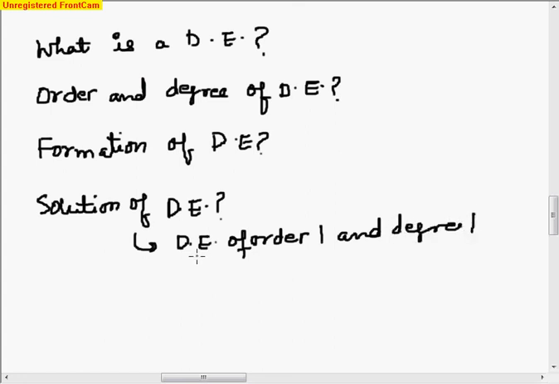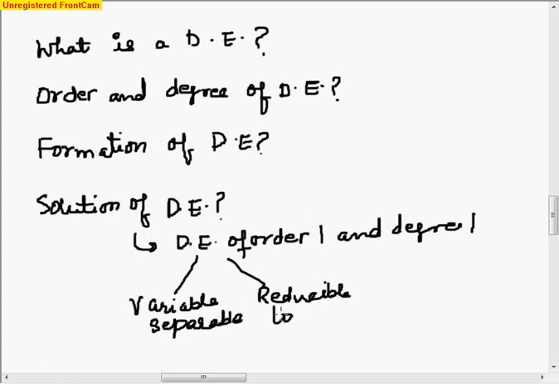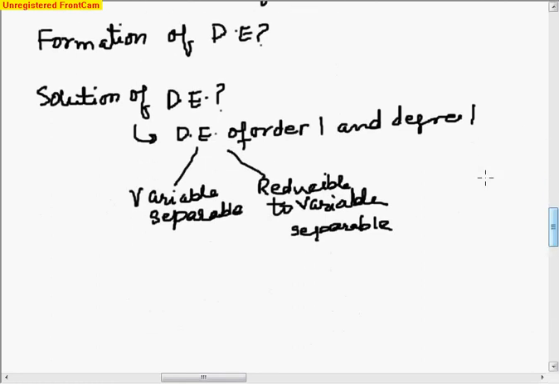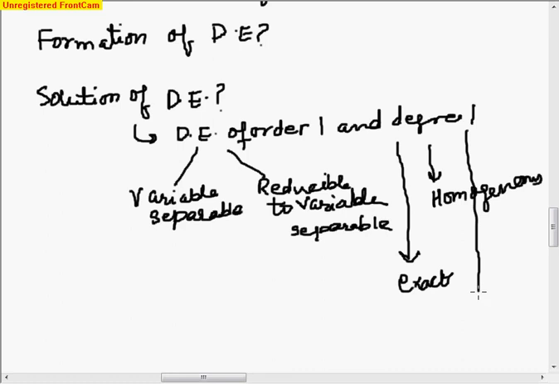In this we did variable separable, reducible to variable separable, then we did exact differential equations, then homogeneous, then reducible to homogeneous.